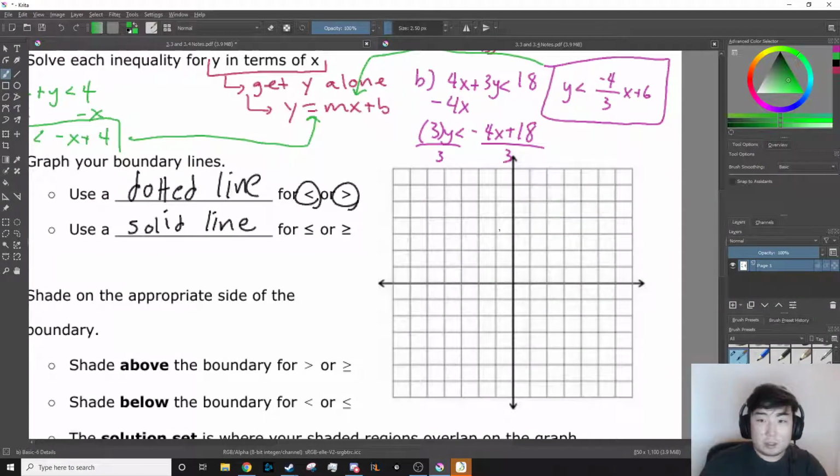1, 2, 3, 4. And it's like this. 1, 2, 3, 4, 1, 2, 3.